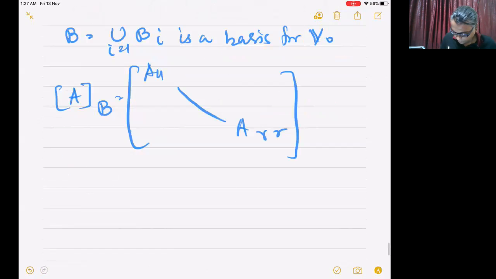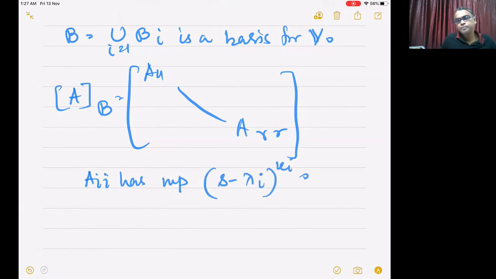And of course, Aii has minimal polynomial. What is it? S minus lambda i whole to the power ki. That's it. This is the direct sum decomposition. So block diagonalization, direct sum decomposition.